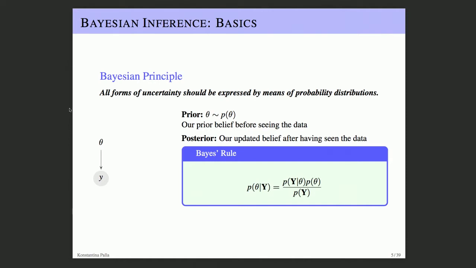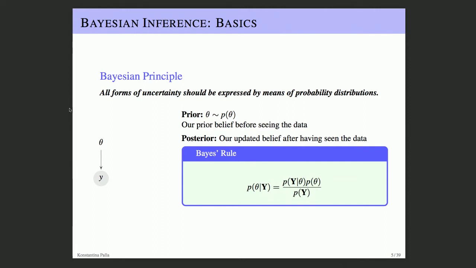So I put a distribution over the thetas, and this is called the prior distribution. What the prior does is that it quantifies my uncertainty about the parameters, and specifically my initial uncertainty about this. So when I build a model, for example with the Gaussian distribution, I want to put a prior over the mean and the standard deviation. I don't know anything, so I just assume that there will be a prior.